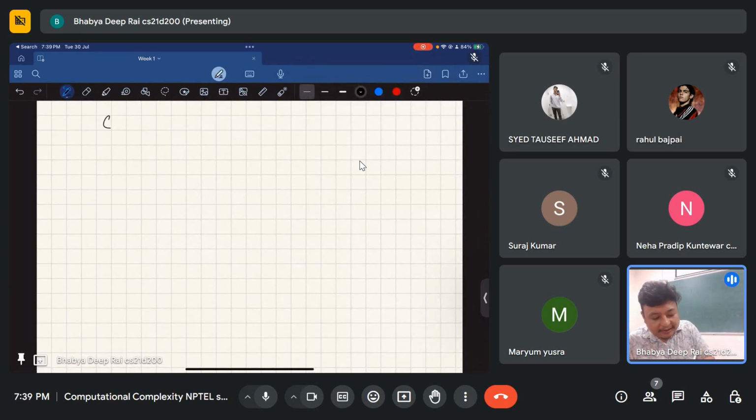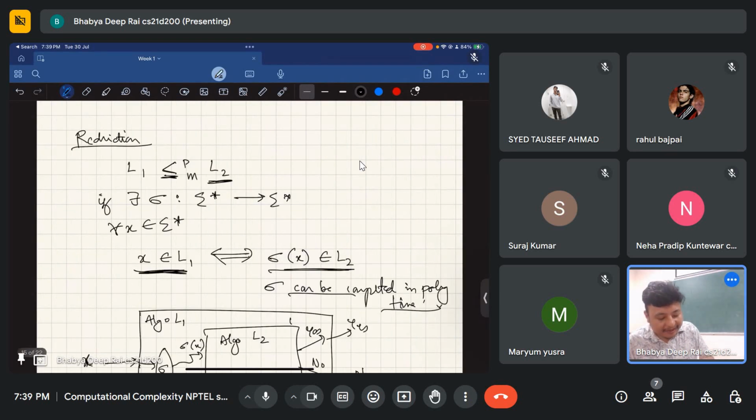And another notion is of completeness. Now, what is completeness? So we said that L2 is at least as hard as L1, and let's say L1 belongs to something like NP.